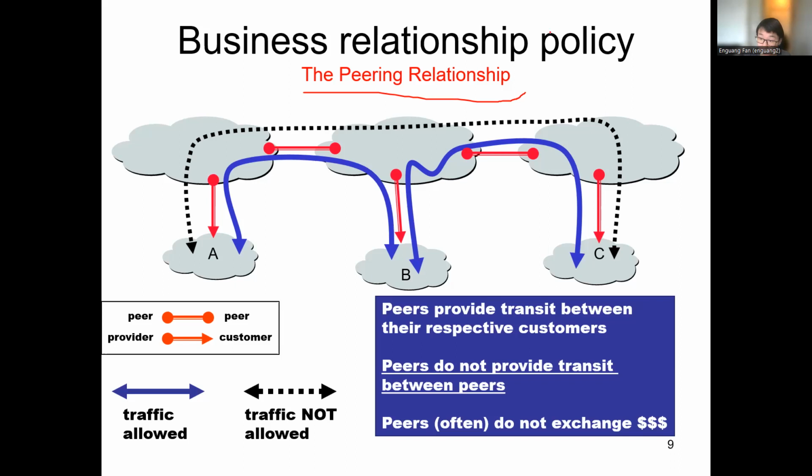So here is a diagram. A, B, and C are three customers, and they also have corresponding providers. Those three providers are in a peer relationship with each other.